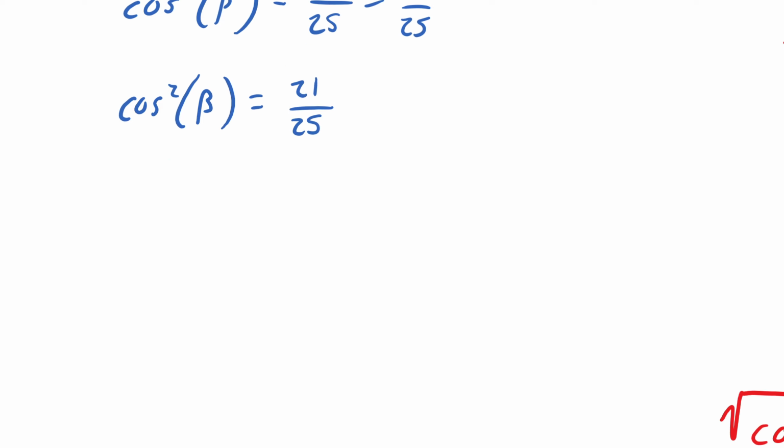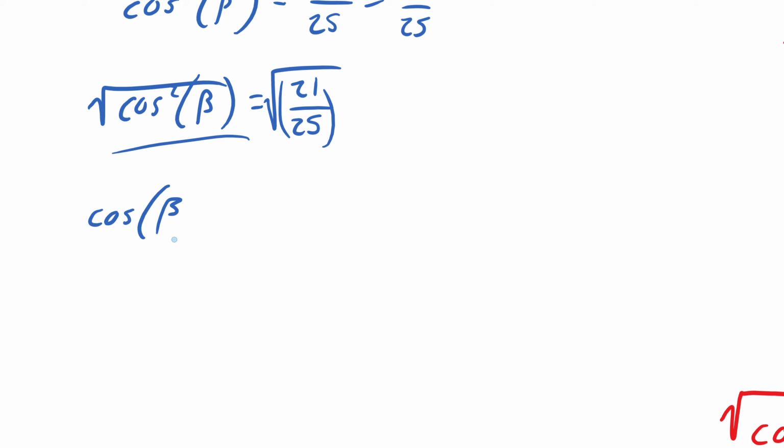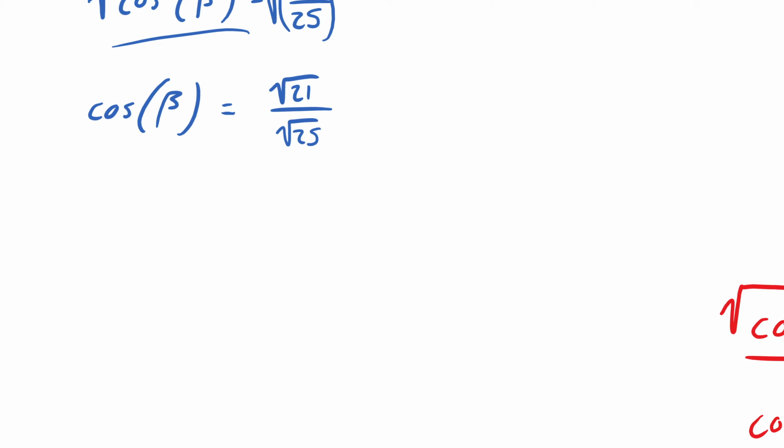Now we need to do one of the last steps, which is the square root. So that's pretty easy. It's just cosine of beta, and this is equal to root 21 over root 25. And these are actually easier, like the last one.